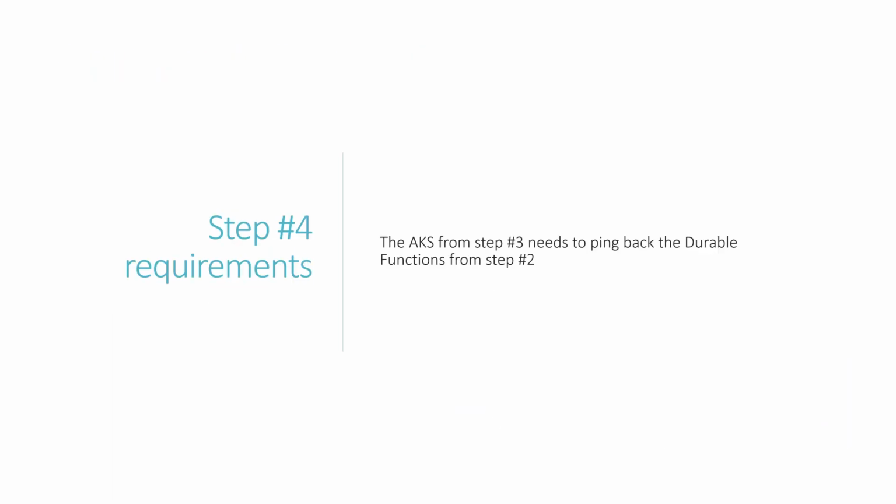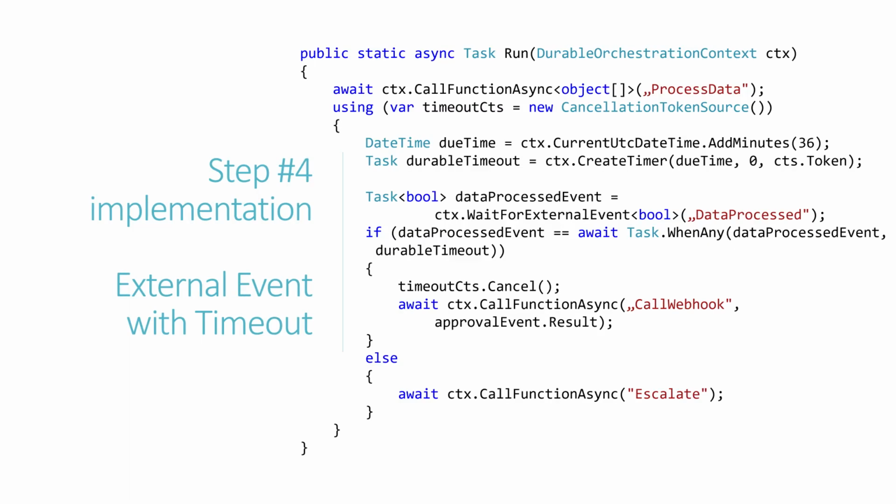Okay, cool. Step number 4 is actually getting the data back to durable functions. And this is a pretty neat thing. There's something called external events on durable functions, which allows you to generate a URL that you need to call when an external event happened. In this example, we are creating 2 tasks. One is a timeout task, and the other one is the external event task.